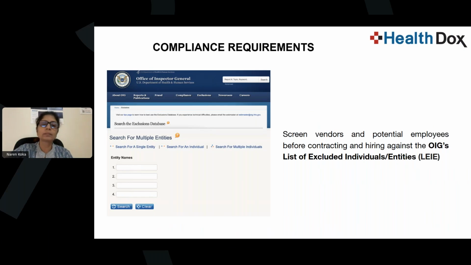You should use the current LEIE list whenever you are going to do the screening. The purpose is to make sure we do not even accidentally work with anyone who is excluded, because even unknowingly, you cannot do business with them. This is why screening has to happen before onboarding itself.